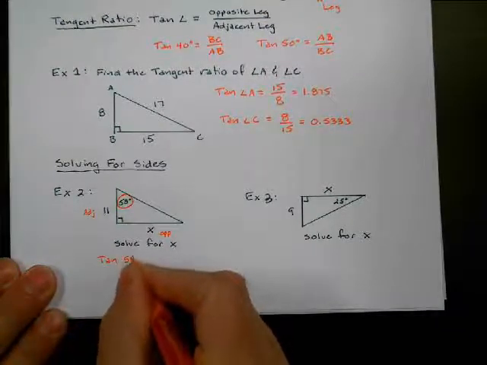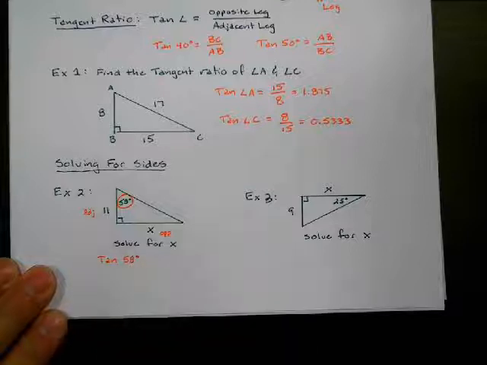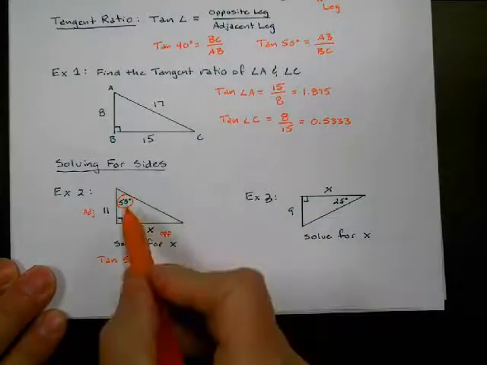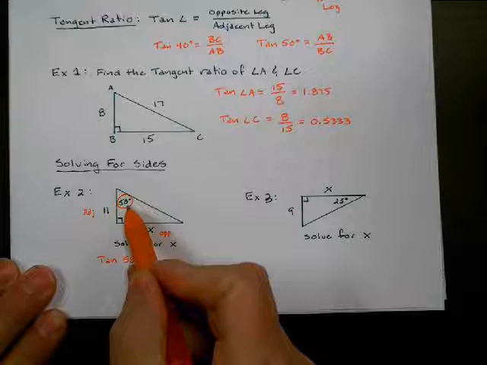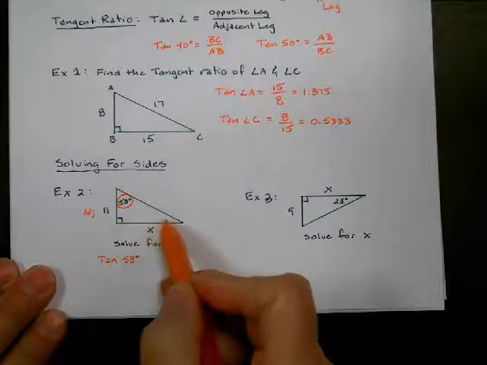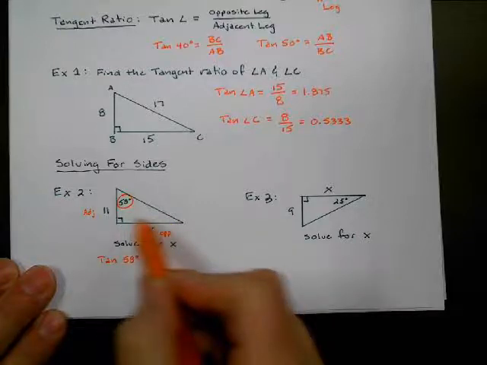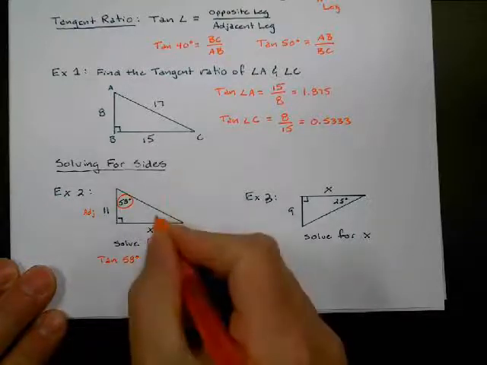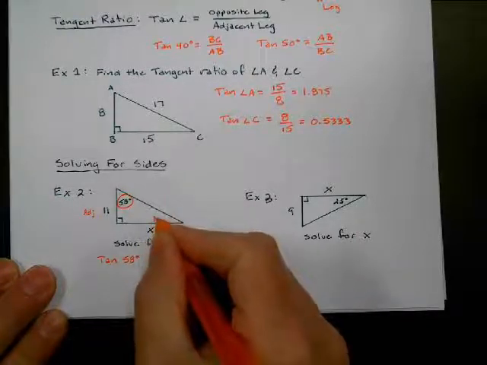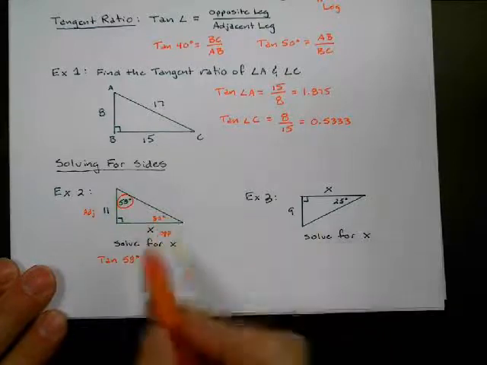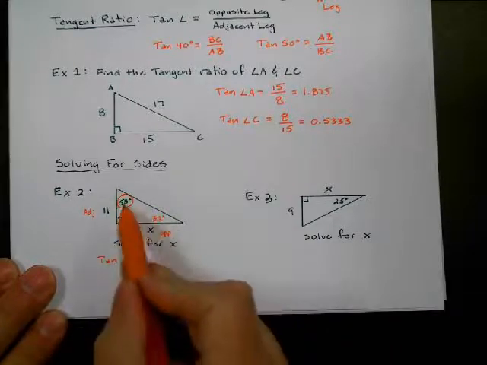Now you've got to remember, every triangle that has 58 degrees in it and 90 degrees here will have the same angle over here because of the triangle sum theorem. So this angle would have to be what, like 32? So every triangle that has 58 and 90 here is going to be similar.